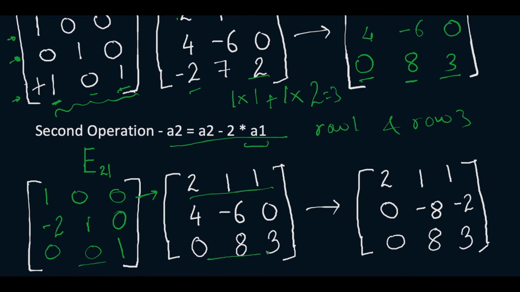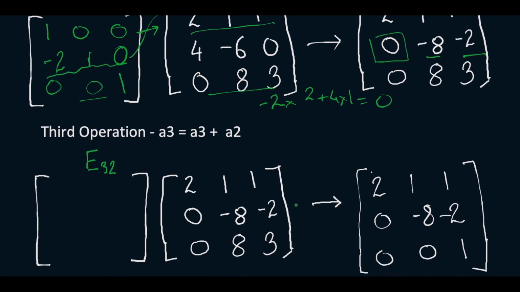Now row 2 will change. It is minus 2 times this 2, which is minus 4. You can write it as minus 2 times 2 plus 4 times 1, which gives us 0. Similarly, multiplying this row with this column, we get minus 8, and in the last we get minus 2.